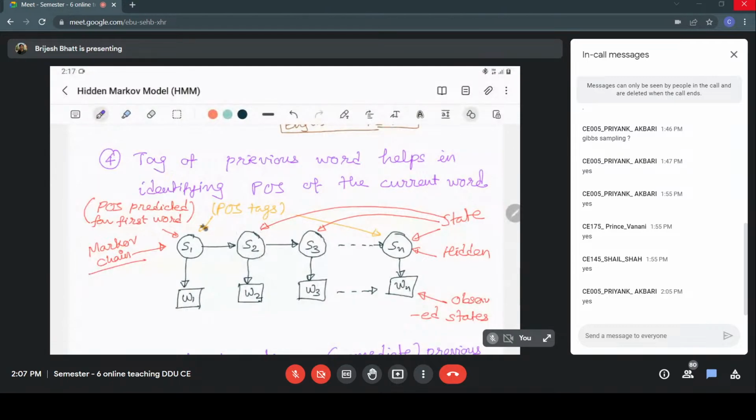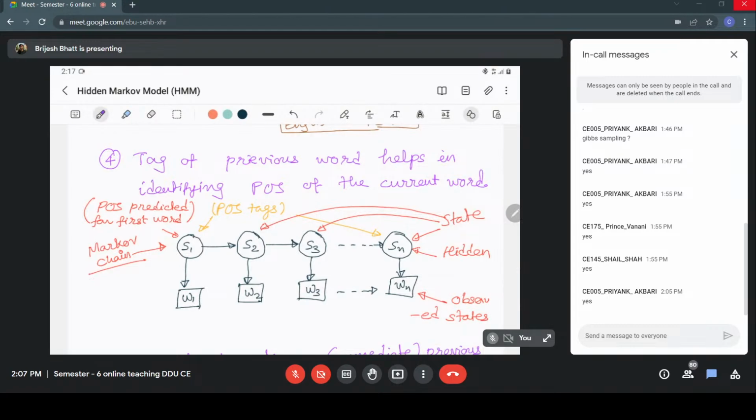And state S2 depends on S1, as we have sufficiently emphasized: S2 can be a noun if S1 is a determiner, and S2 would be a verb if S1 is a noun. Okay? So the previous assignment helps in deciding the next assignment. That's why there is a dependency. So the assignment of S2 depends on S1, the assignment of S3 depends on S2, and so on. That is how the conditional dependency is modeled.